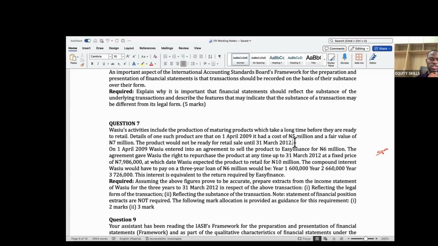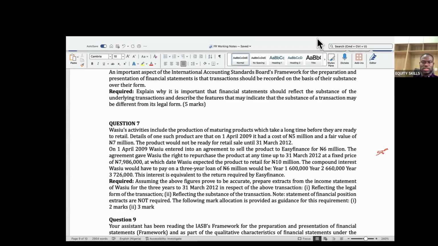The compound interest Wasiu would have to pay on the 3-year loan of 6 million would be year 1, 600, year 2, 660, year 3, 726. This interest is equivalent to the return required by Easy Finance assuming the above figures prove to be accurate.